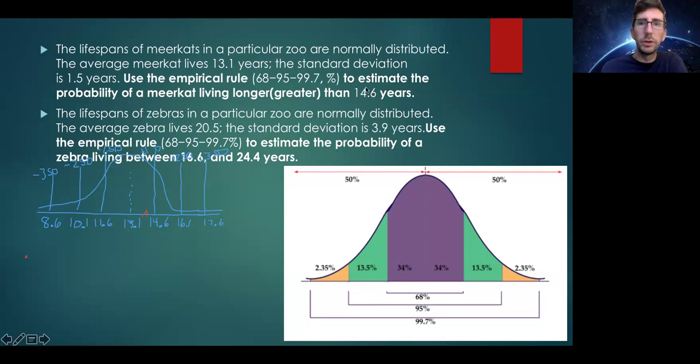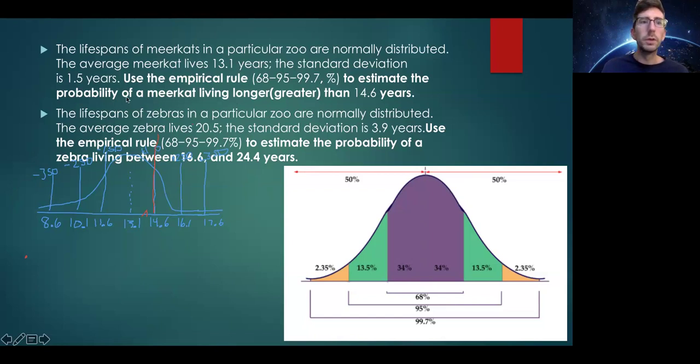And now the question wants us to estimate the probability of a single meerkat living longer than, or greater than, 14.6 years. Okay, so let's find 14.6. So 14.6, just like our last example, also happens to be one standard deviation above our mean.